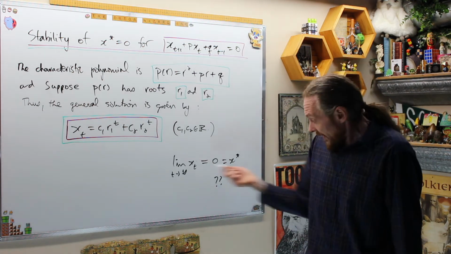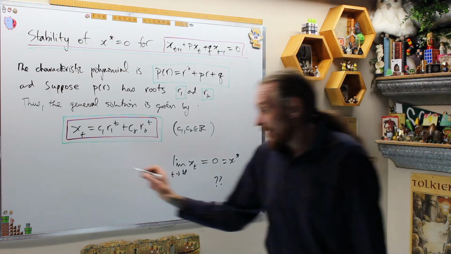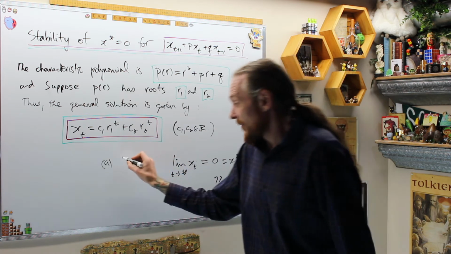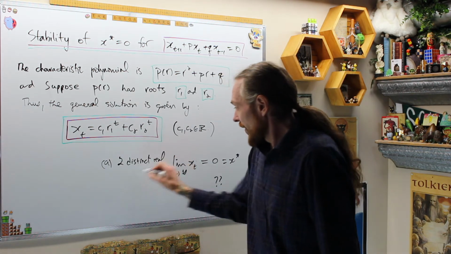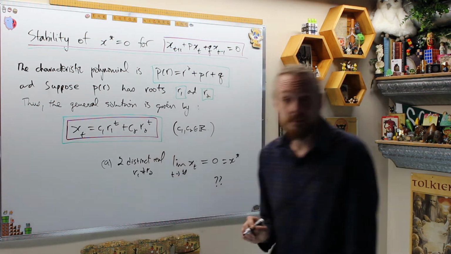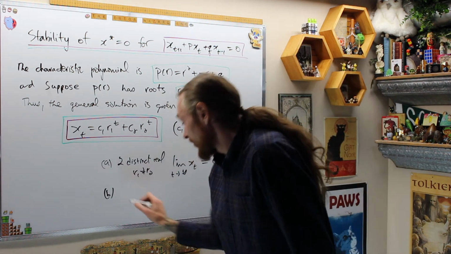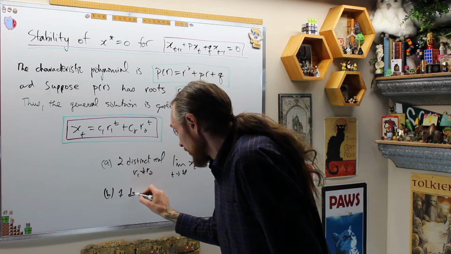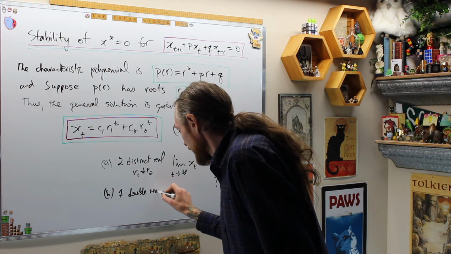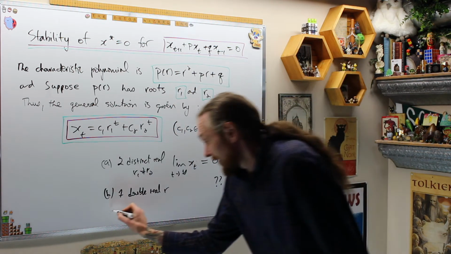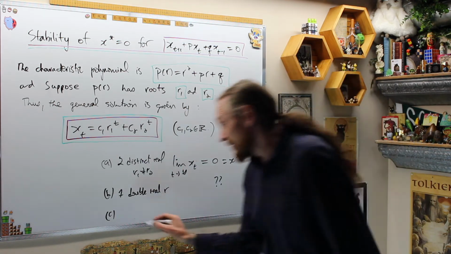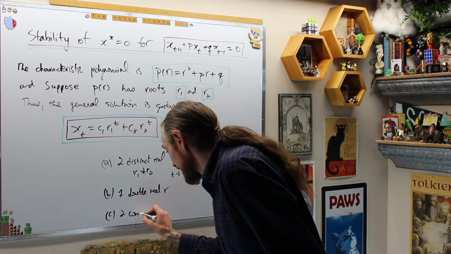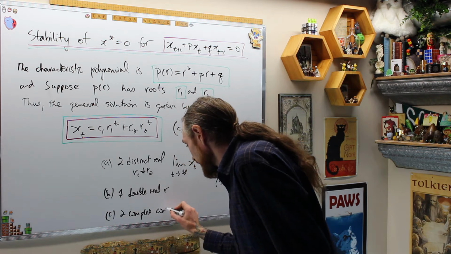And so we know that we're going to have three cases. What are the three cases? Depending on the roots, case A is if we have two distinct real roots, r1 not equal to r2. Case B is going to be one double real root. And the last case we'll gloss over a little bit, but it's going to be when we have two complex conjugates.